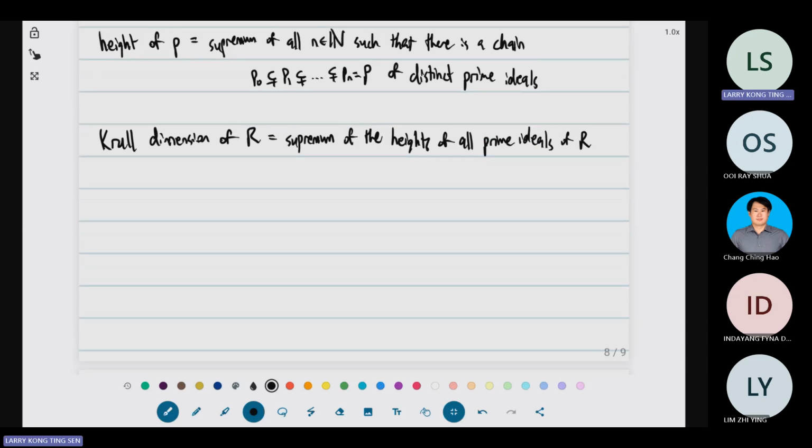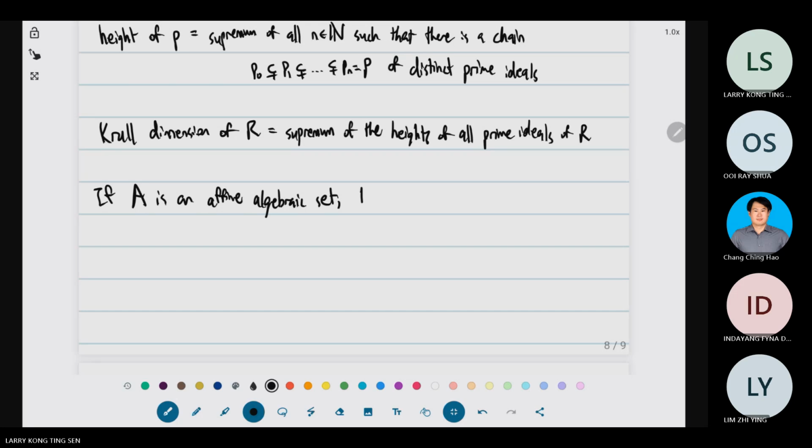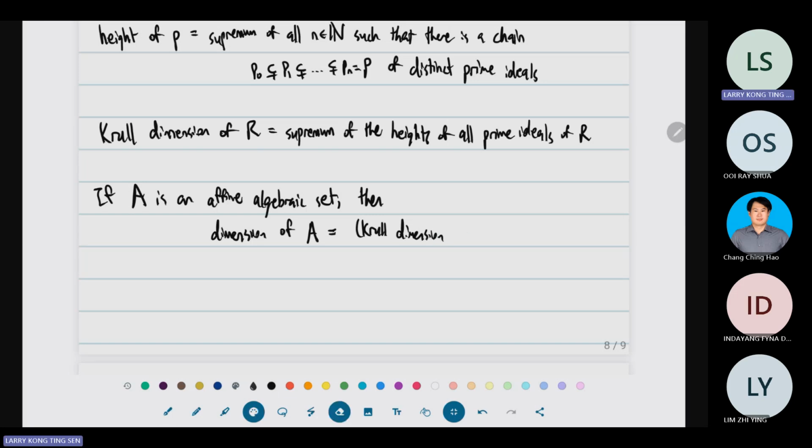So first we immediately relate it to this fact. If A is an affine algebraic set, then the dimension of A is equal to the crude dimension of K[A].